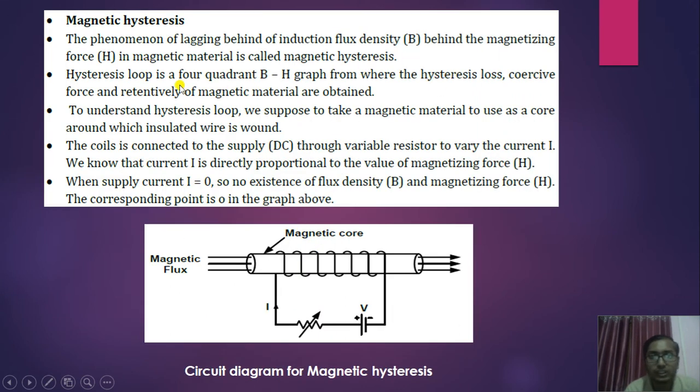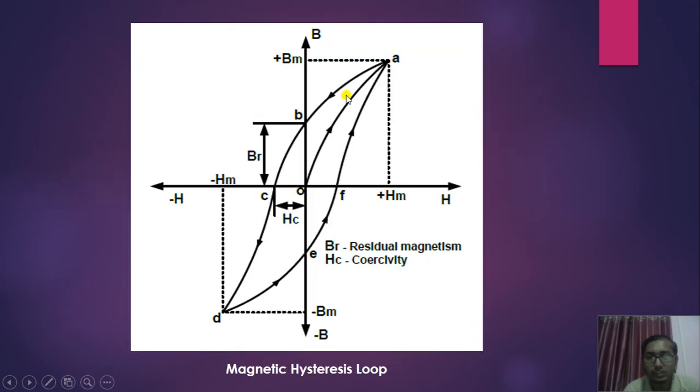The hysteresis loop is a 4-quadrant BH graph from which the hysteresis loss, coercive force and retentivity of magnetic materials are obtained. You can see here that this Hc is the amount of coercive force that we have to apply so that this residual magnetism will become 0.